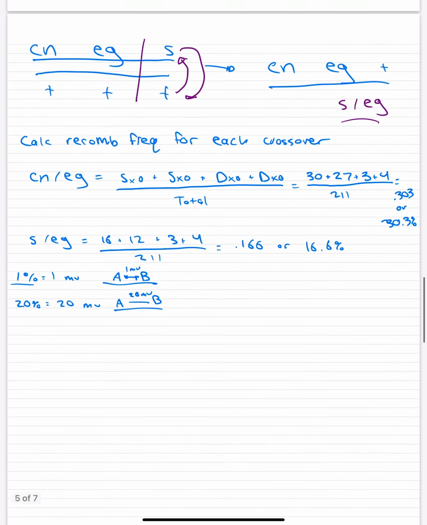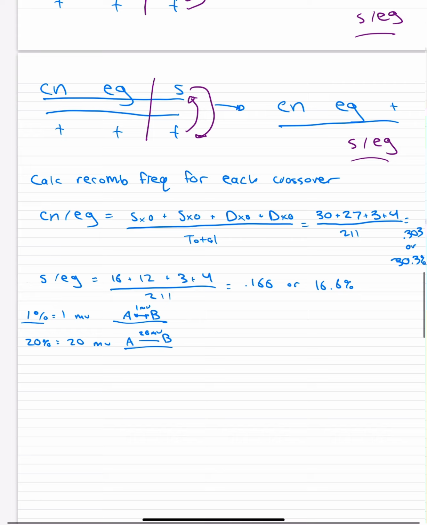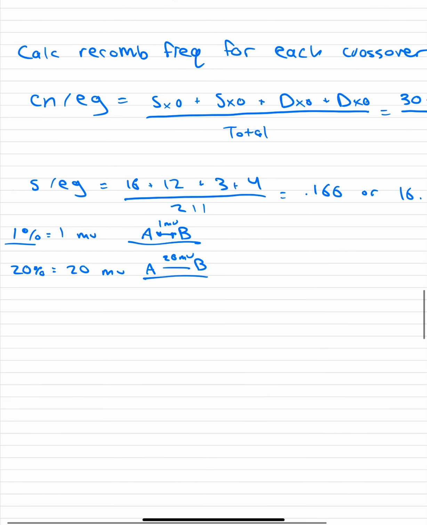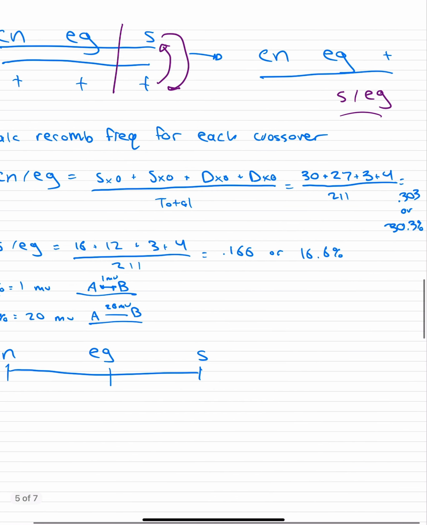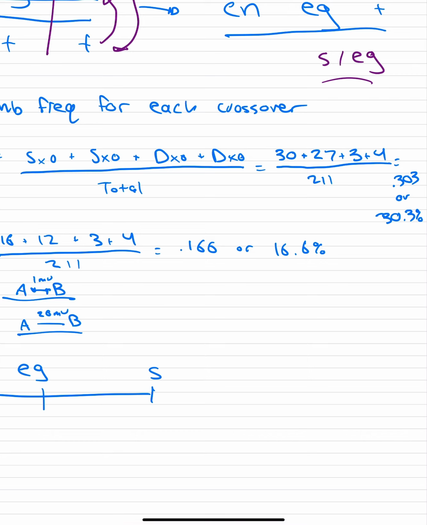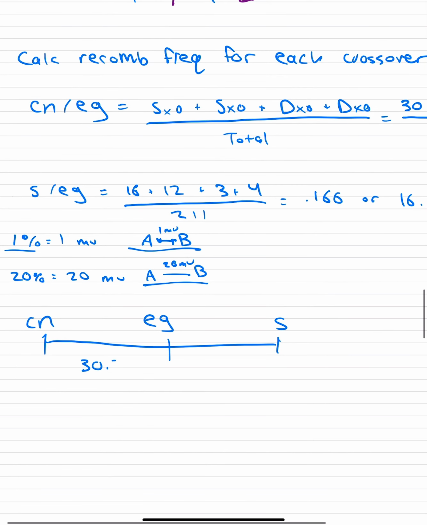So now that we have the recombination frequencies, we're able to construct what the genetic map might look like. We know that we have CN here, we have EG in the middle, and here we have S. For CN and EG, that is 30.3 as a recombination frequency, which means that this is 30.3 map units apart.